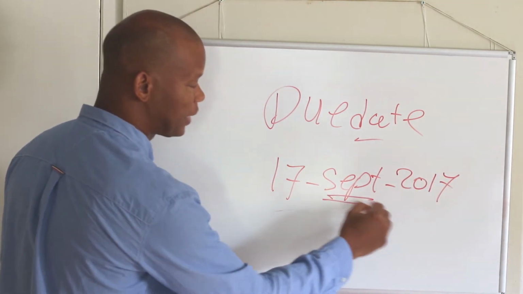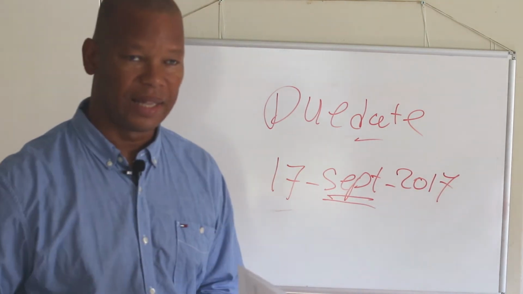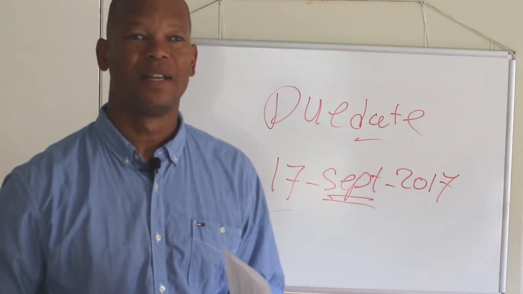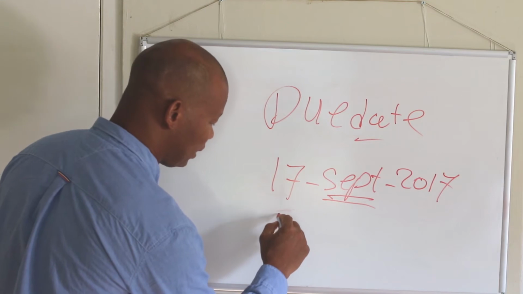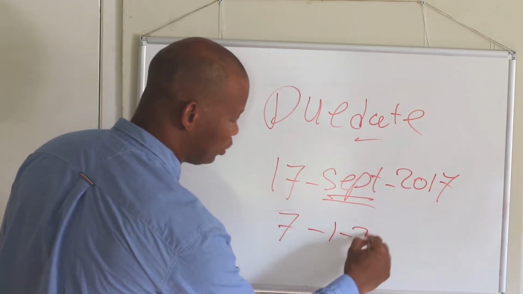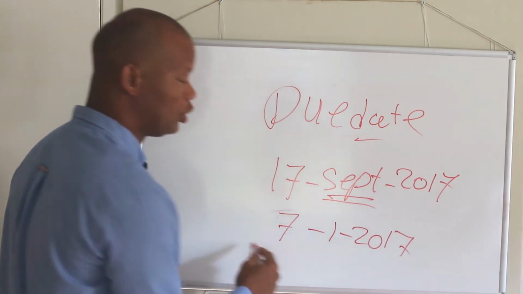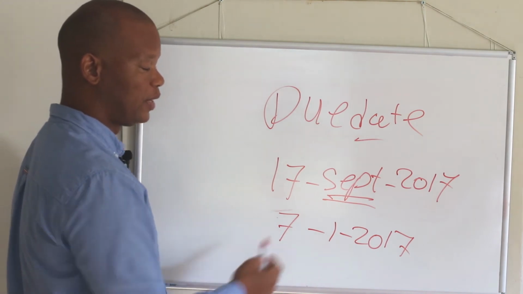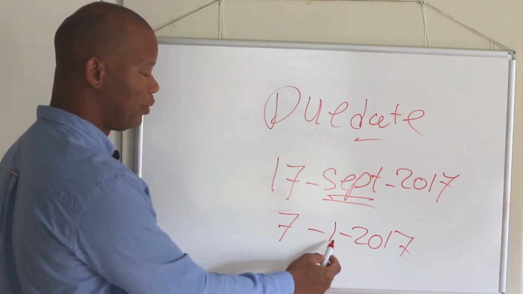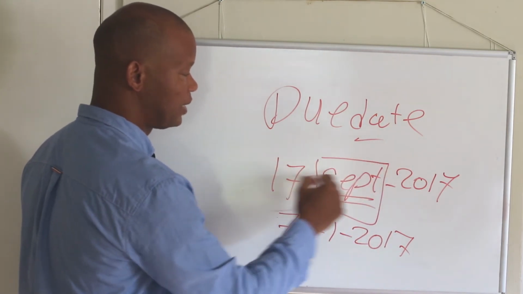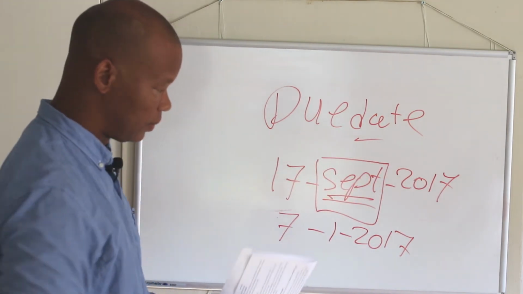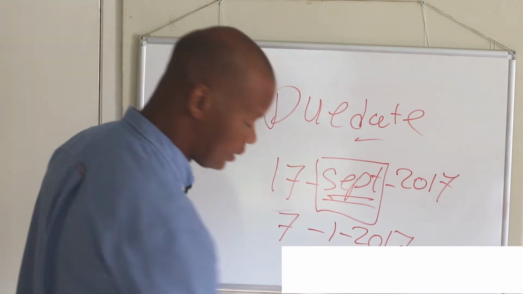You have to put Sept in there, because then you know exactly that it is September. With 7/1/2017, you don't know if this is 7th of January or 1st of July. That's why I use this convention, 17 Sept 2017. Then you know exactly which month it is.